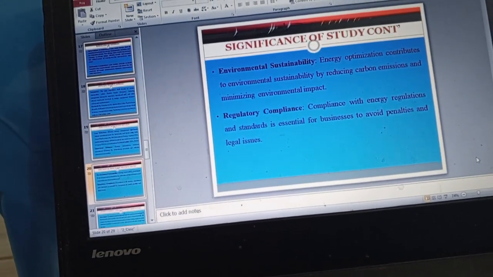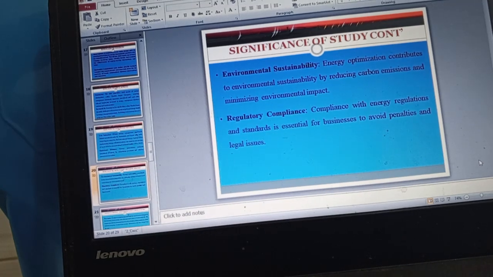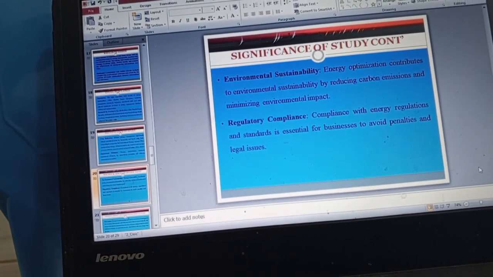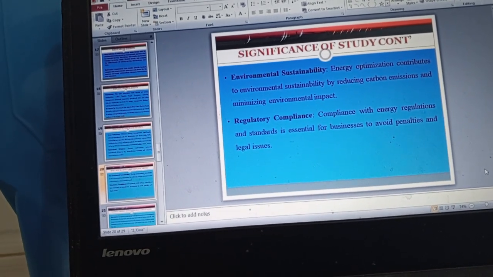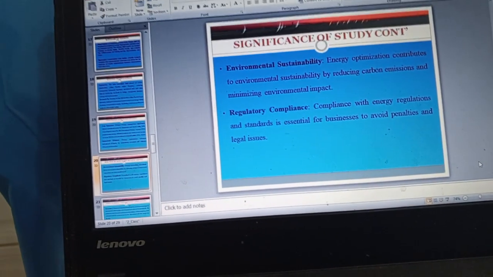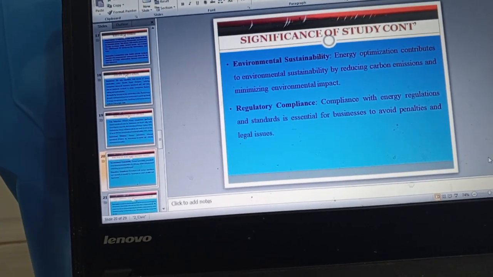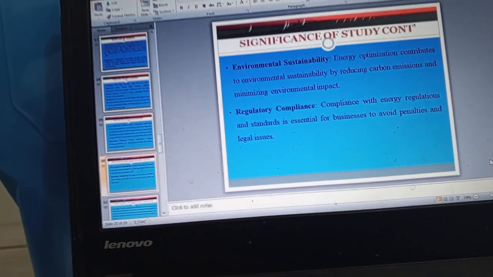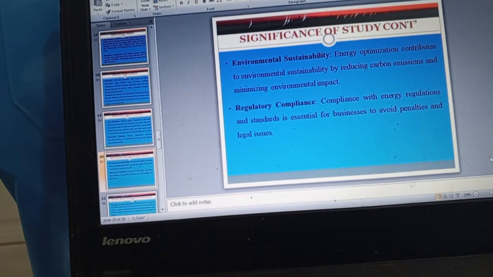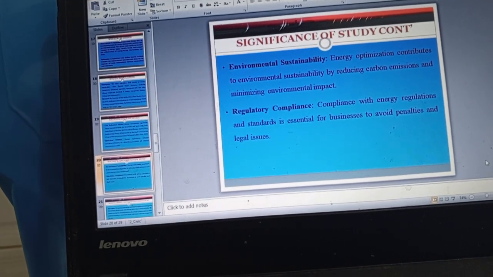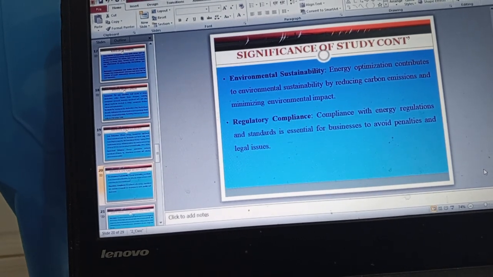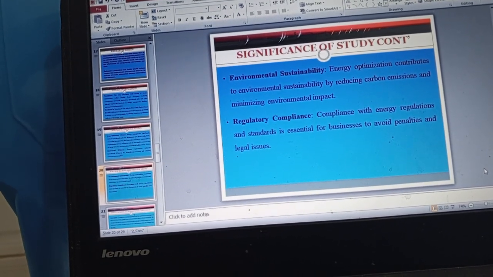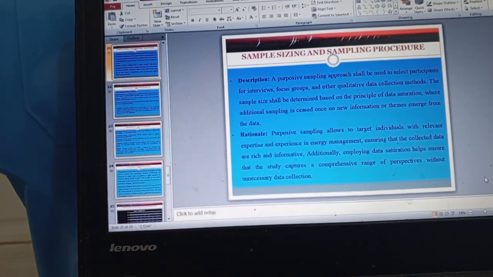Energy optimization contributes to environmental sustainability by reducing carbon emissions and minimizing environmental impacts. Then the last one, but not the least, regulatory compliance. Compliance with energy regulations and standards is essential for businesses to avoid penalties and legal issues.